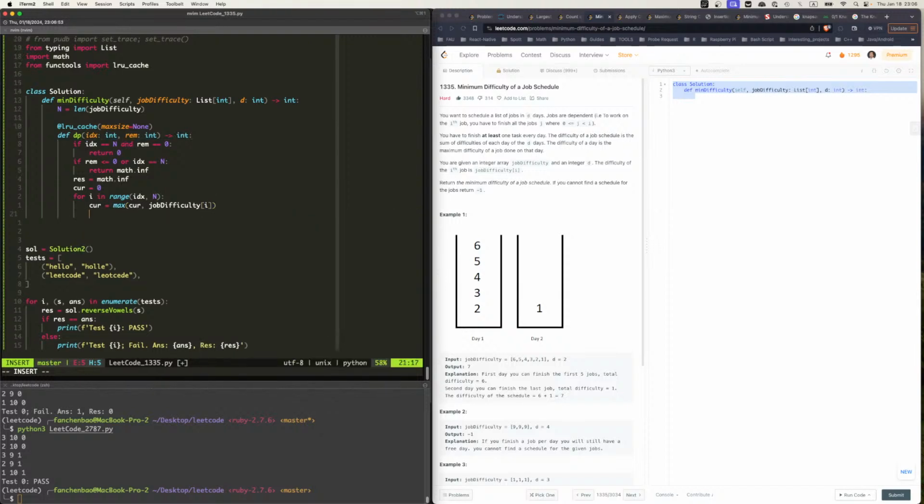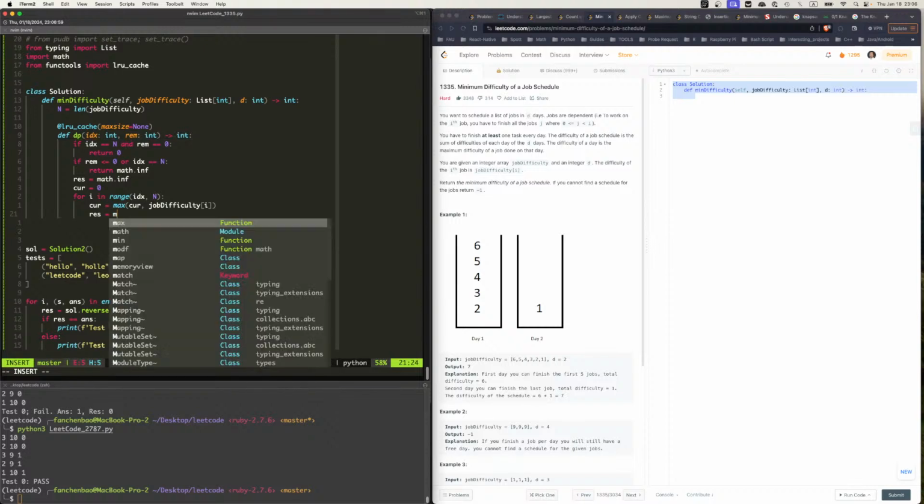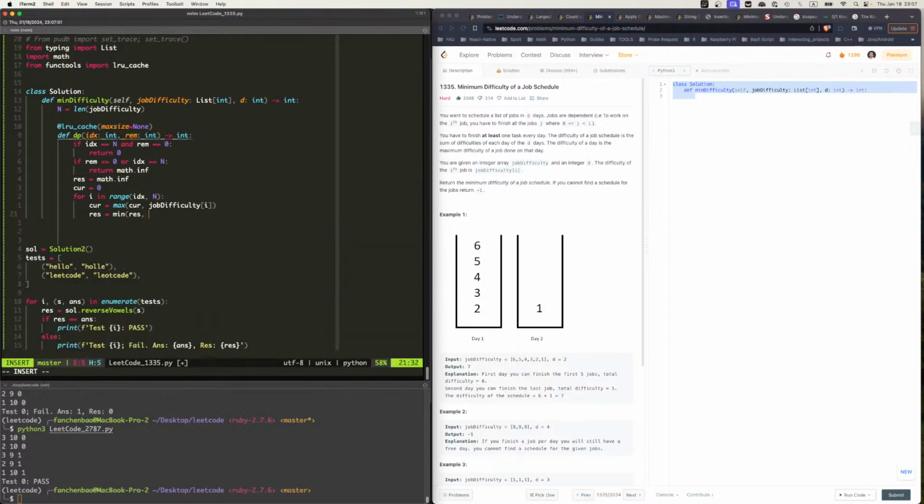Then res shall equal the minimum of res and current plus dp, because we include i, so i plus 1, and remaining minus 1.